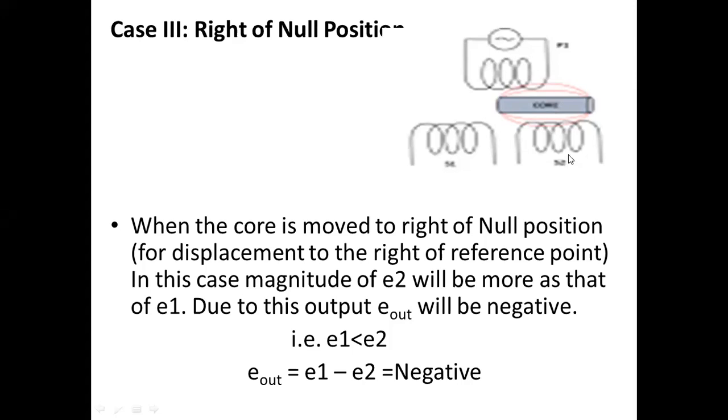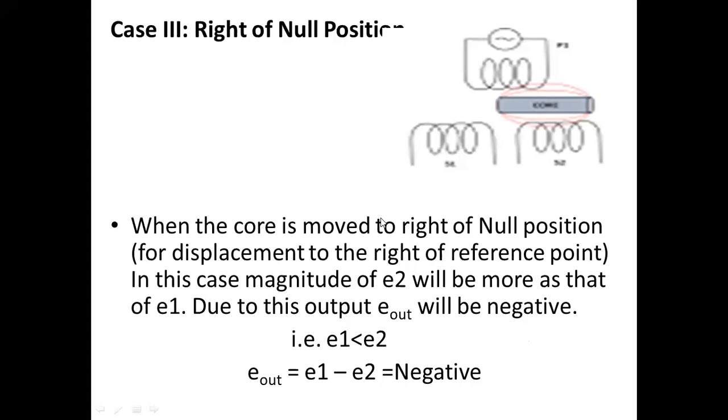So the EMF induced in S2 is greater than in S1, that is, E2 is greater than E1, so the output voltage will be negative. Is it clear? Yes, sir.